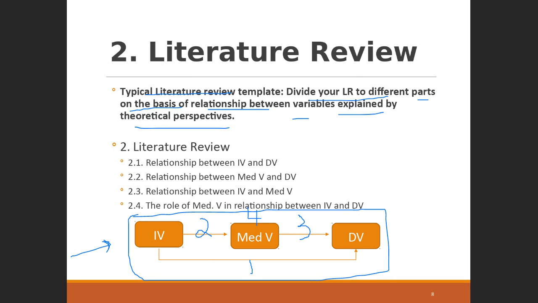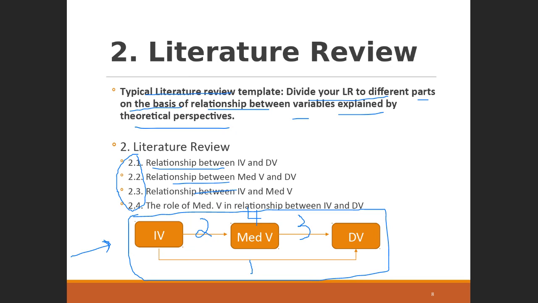So you need to divide your literature review into four different sections as well. The number of relationships that are stipulated in your theoretical framework should guide you in making different sections of your literature review. For instance, in this particular example, we have four sections of our literature review.